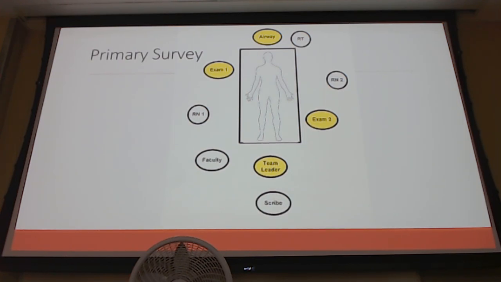Exam 2 gets clavicles down on the left side of the bed, and airway is clavicles up. Then we have our additional support with our RNs and medics, usually getting IVs and pushing medications, and then we have a scribe as well. But this is how most trauma rooms are going to look where you guys work.